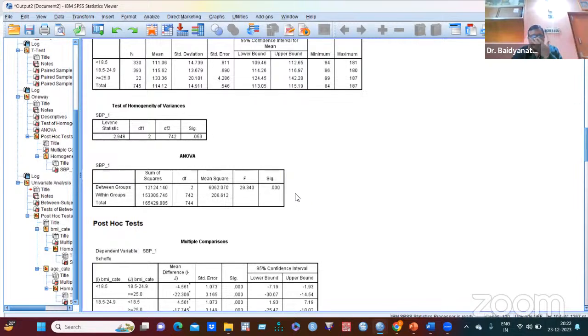This is 1A ANCOVA. So when we apply 1A ANCOVA, suppose my dependent variable is systolic blood pressure, SBP. This is related with so many other continuous variables.